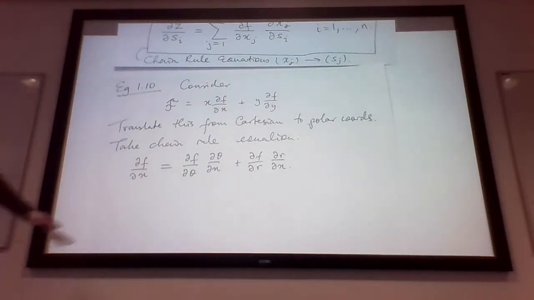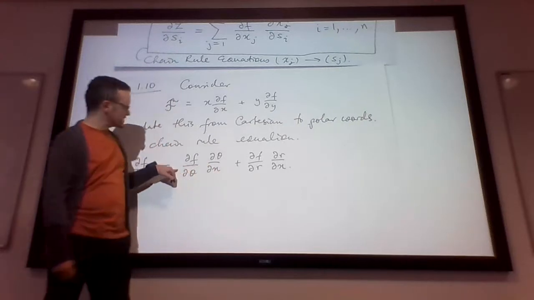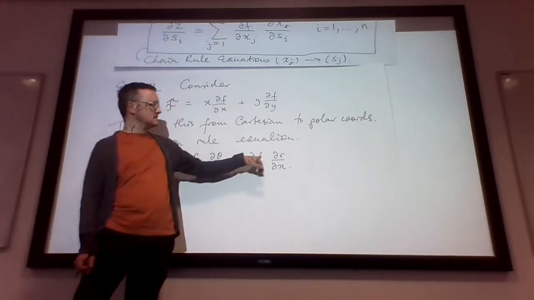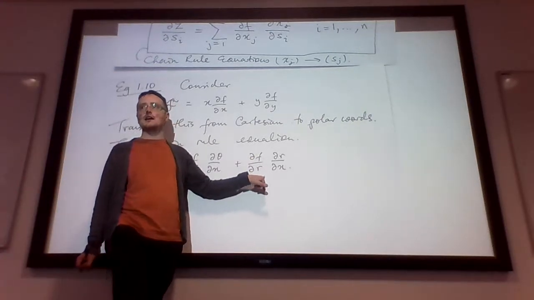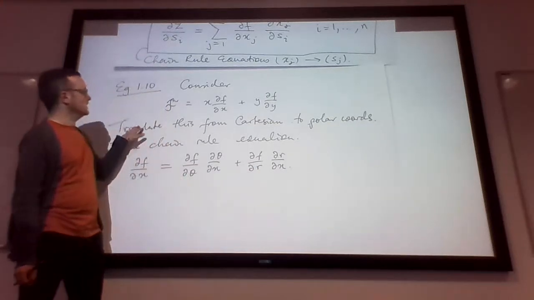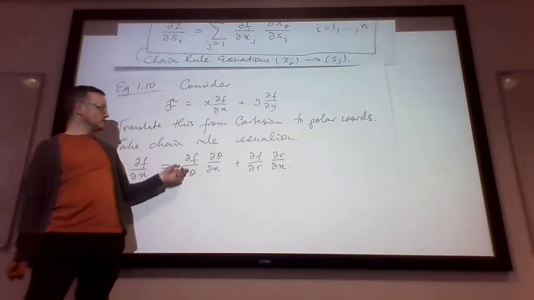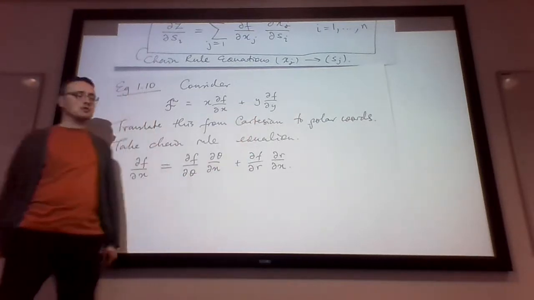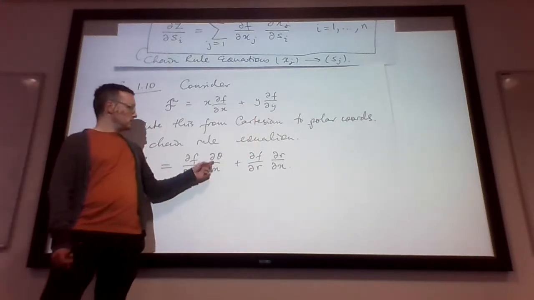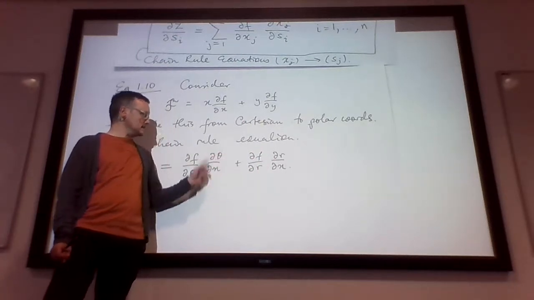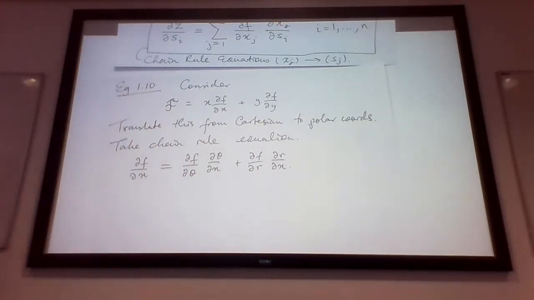So to work out these partial derivatives over here, I mean, these expressions, df d theta and df dr, are fine as they are. They can feature in the translated version of curly f, okay, because they are derivatives with respect to the new polar coordinates. But in order to get a handle on these quantities, d theta dx and dr dx, I'll need the transformation equations between the two systems, but in the other direction that I've quoted them already.